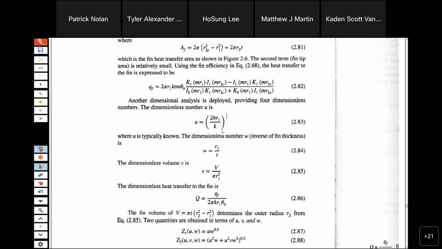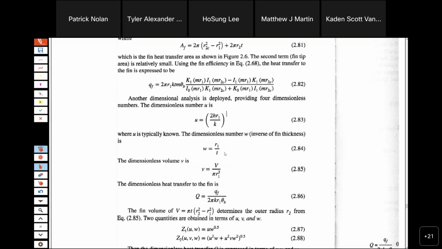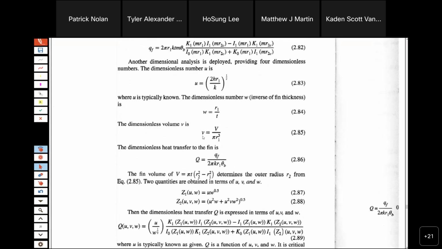So U is mostly given, and then we define lowercase w as R1 over T, and lowercase v as the volume over pi R1 cubed, which is non-dimensional.